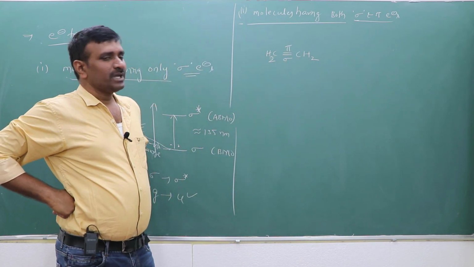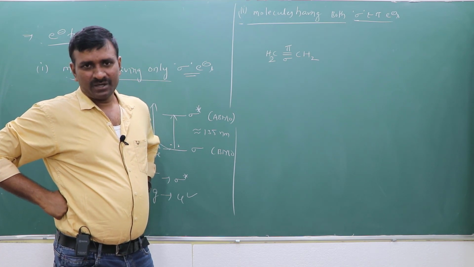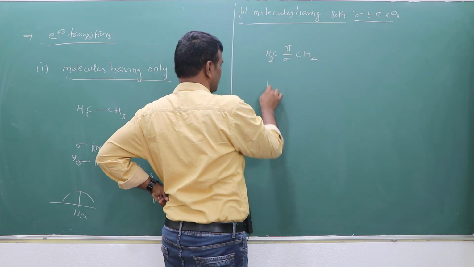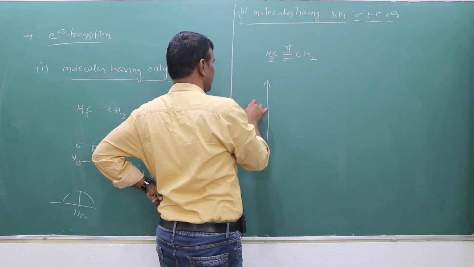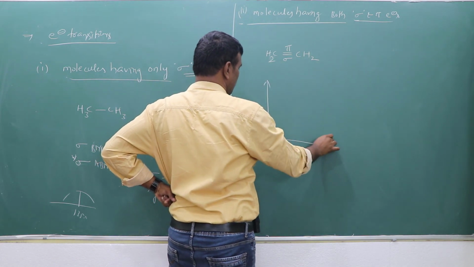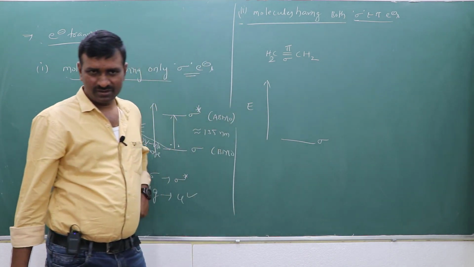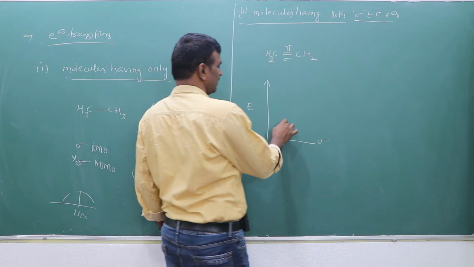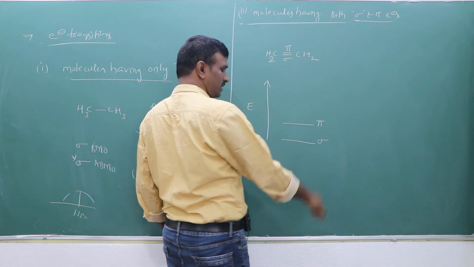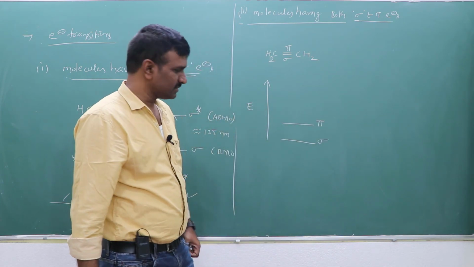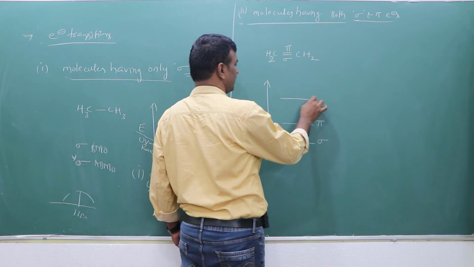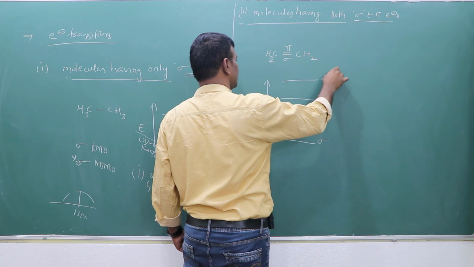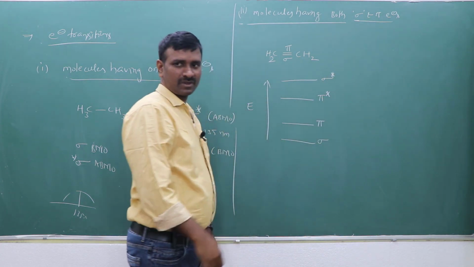So bonding is there, and anti-bonding is automatically possible, as empty orbitals. Based on the energy criteria, sigma electrons are more stable, considered low energetic, and compared to the pi bond, which has partial overlapping, sigma has direct overlapping. Then there are pi star and sigma star.